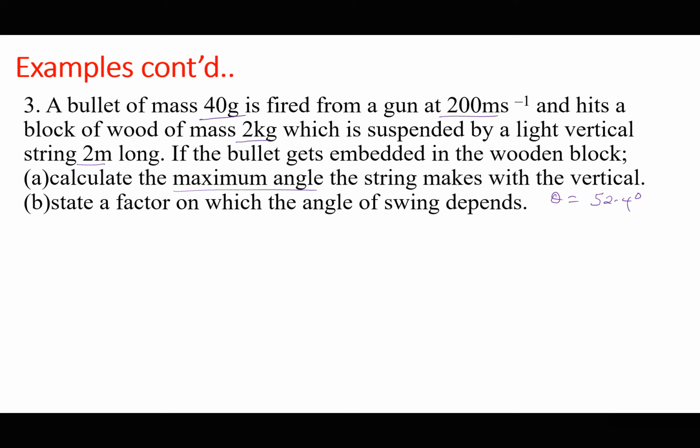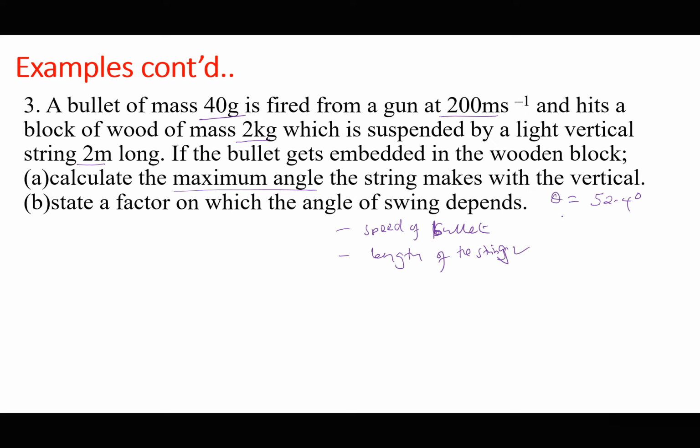Which factors does the angle of swing depend on? Of course, the angle of swing depends on the speed of the bullet, because the speed of the bullet is determining h, and it also depends on the length of the string, because we are getting cos theta from adjacent, which is the length of the string minus vertical height h, over the hypotenuse, which is the length of the string.